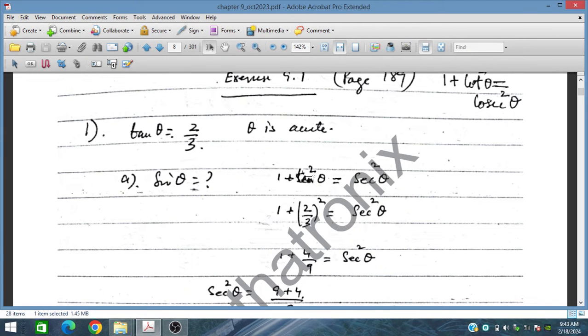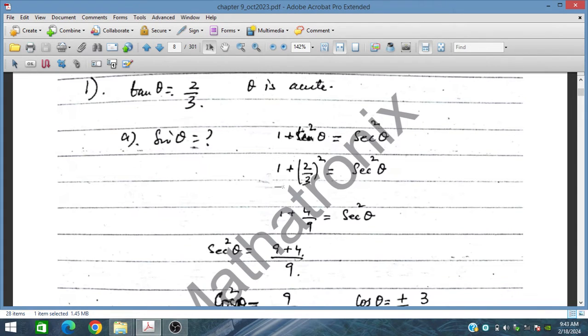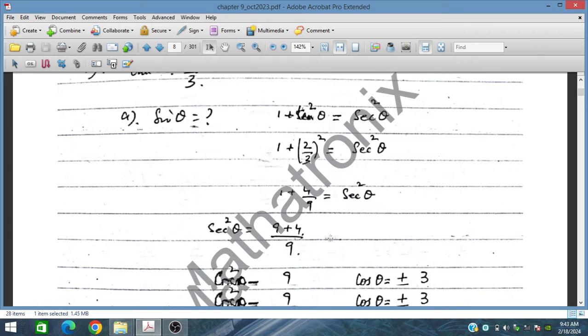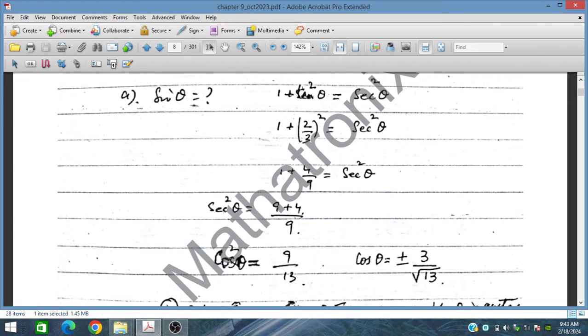In place of tangent, we place 2 upon 3. So 1 plus (2 upon 3) square is equal to sec square theta. This is 1, and 2 square is 4, and 3 square is 9. Simplifying, it is 9 plus 4 upon 9, so sec square theta is 13 upon 9. Sec is the inverse of cos, so cos square theta is 9 upon 13.